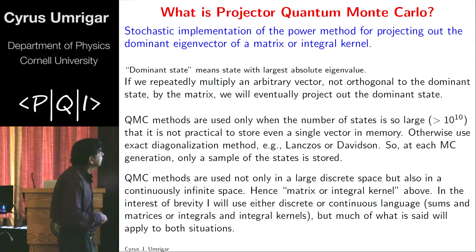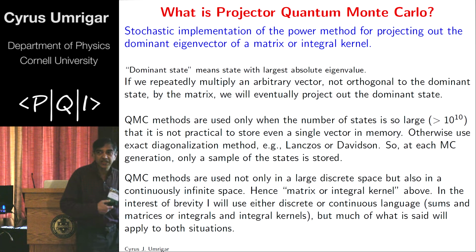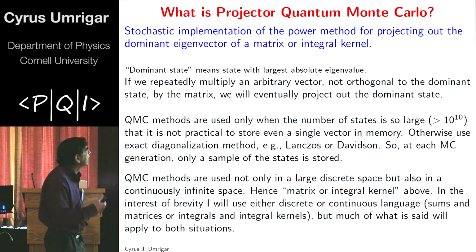Okay, what is projector quantum Monte Carlo? Projector quantum Monte Carlo is nothing more than a stochastic implementation of the power method for finding the dominant eigenvector of a matrix or an integral kernel. So let me remind you what the power method is.